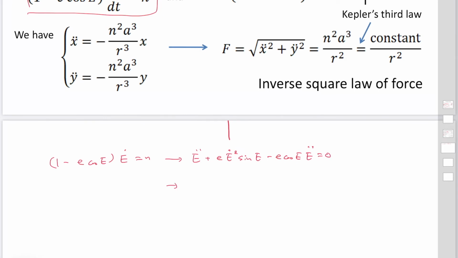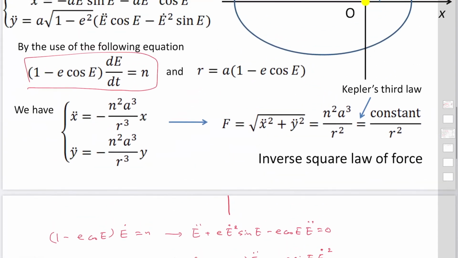From these equations we have 1 minus e cos E times E double dot equals minus e sin E E dot squared. We have these relations.